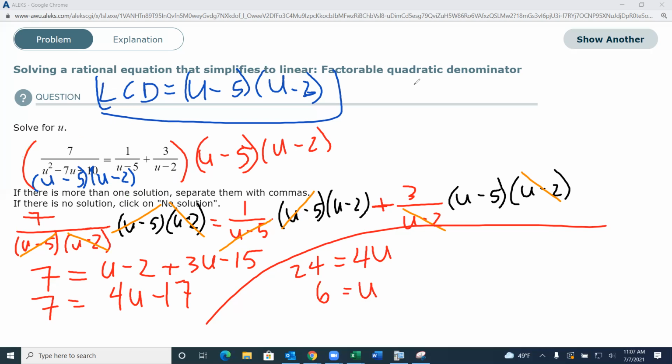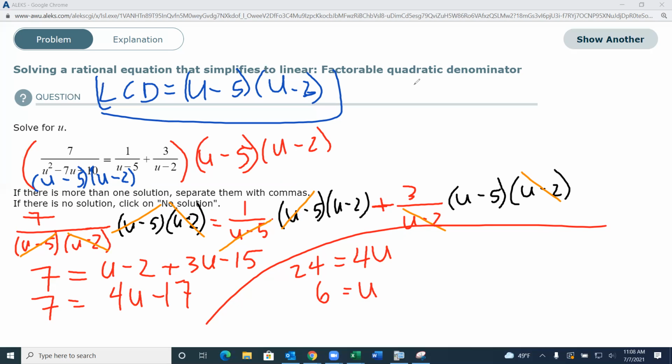That's why, down here, it says if there's no solution, click on no solution. You might think, well, I'm always going to get an answer. Well, yeah, but does the answer actually work? Is it a real answer? And so you have to check it.